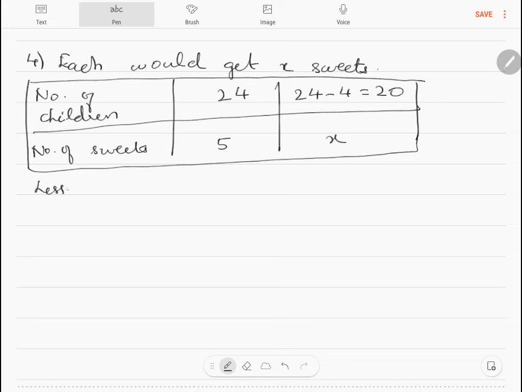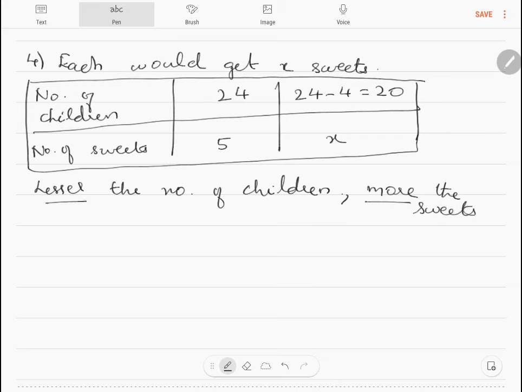Now the lesser the number of children, the more the sweets. So this is a case of inverse proportion.